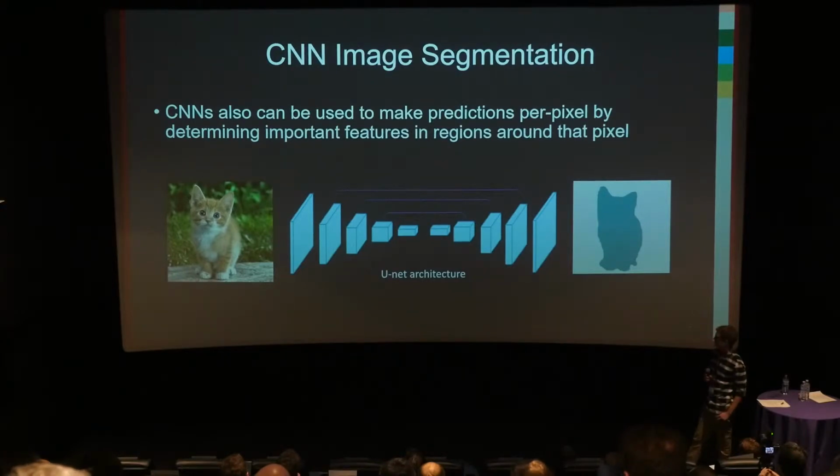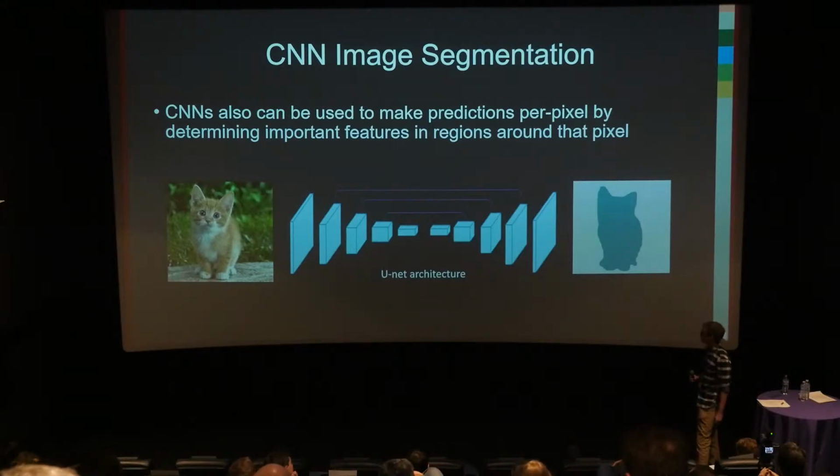For my specific use case, I'm not making an overall prediction for a whole image. I'm making a prediction per pixel. That kind of problem is called image segmentation. And this is a similar architecture to before, but it has a second half step. In the first half, like in the previous slide, the net is learning some general features that are important to making a prediction.